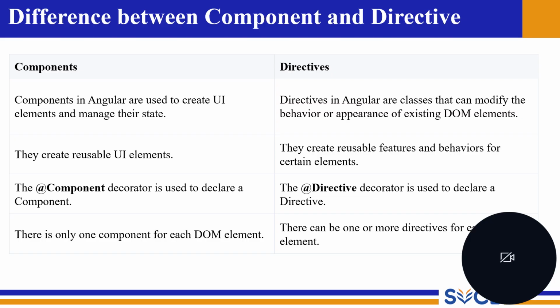The @Component decorator is used to declare a component. The @Directive decorator is used to declare a directive. There is only one component for each DOM element, while there can be one or more directives for each element.